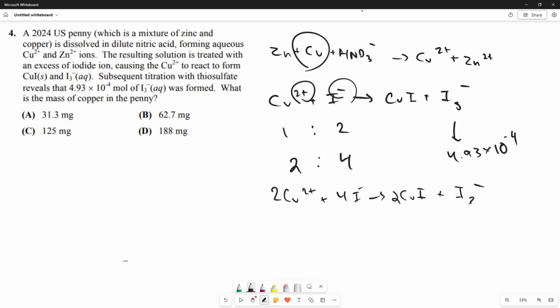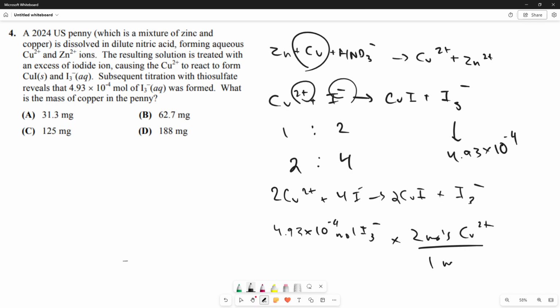Now we look at this and see that I3- and Cu2+ are in a 1-to-2 ratio. 4.93 times 10 to the -4th is moles of I3-, and for every 1 mole of I3- we have 2 moles of Cu2+.